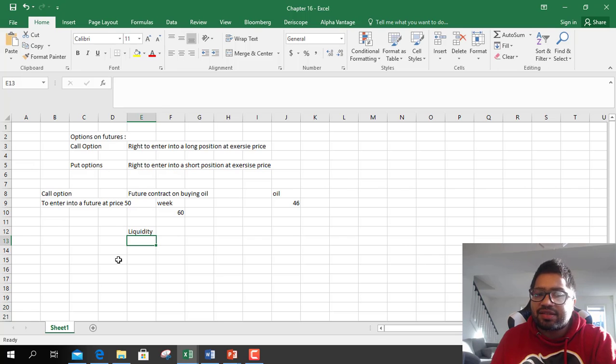So when you exercise this option, you would get $10 of profit plus a long position at 60. Why $10 of profit? Because the exercise price was 50 and the future price was 60 when you exercised. So you already have a profit of 10 bucks, plus you take a long position in oil.